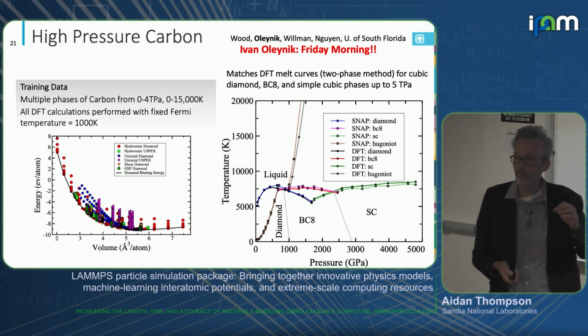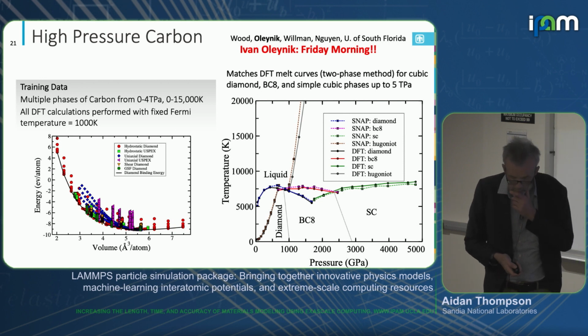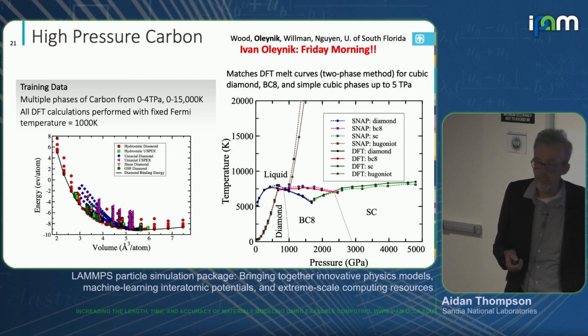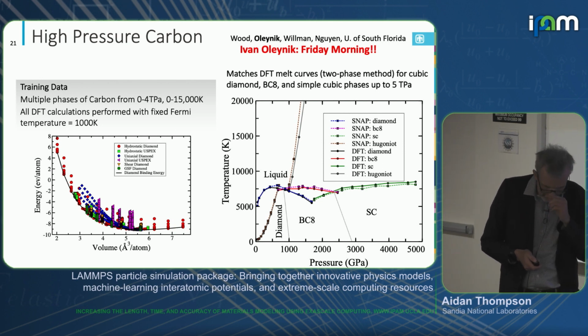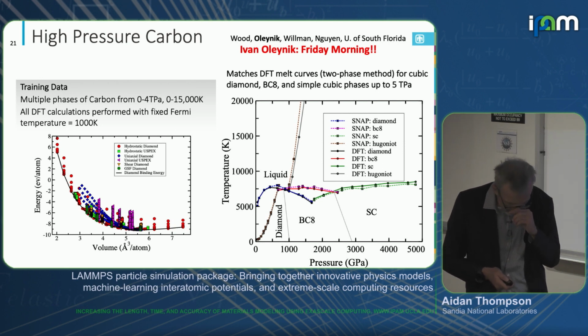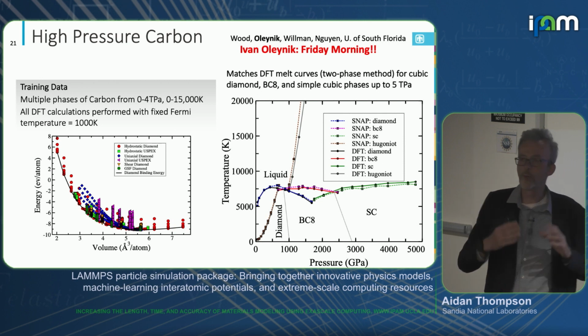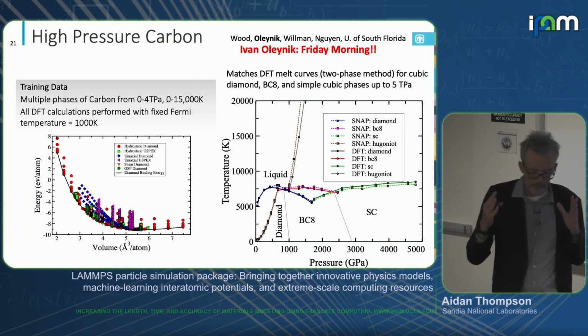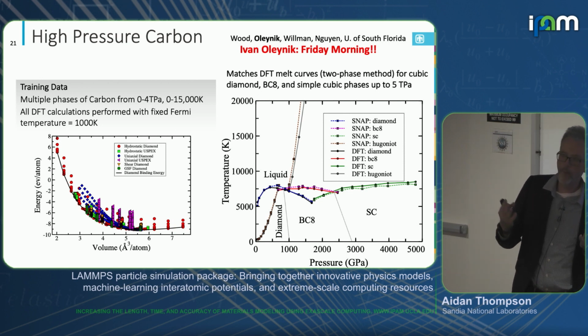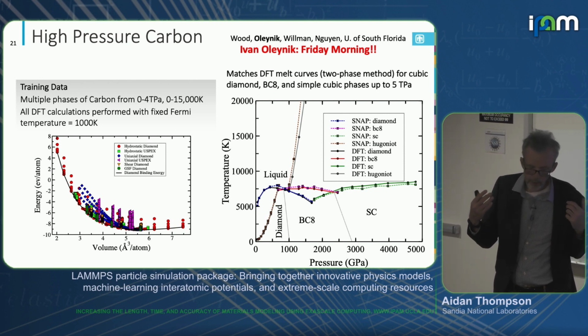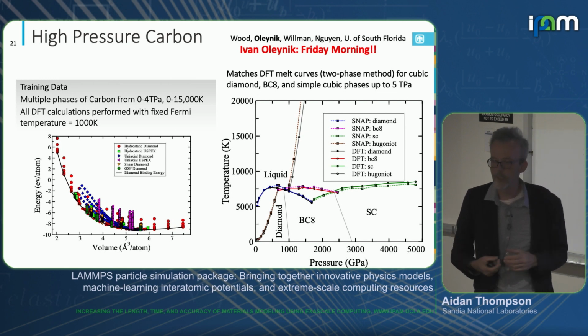There have been some efforts to look at the shock response of carbon in the past using things like REBO and Tersoff. But all of them have basically shown that when you shock compress these representations of carbon from diamond, you get things that are obviously wrong, and you don't really want to trust anything else from that simulation.